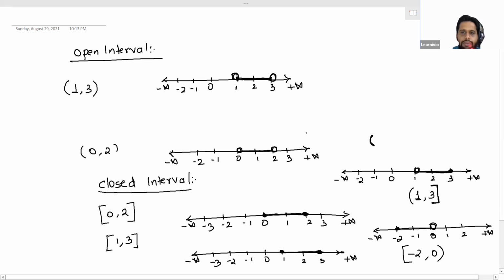Now, whatever question we solve, we need to represent the solution on the number line, as well as write the interval. In the exam also, even if they are not saying it, when they say find the solution, draw the number line and write the interval. Okay, so we will now try some questions.